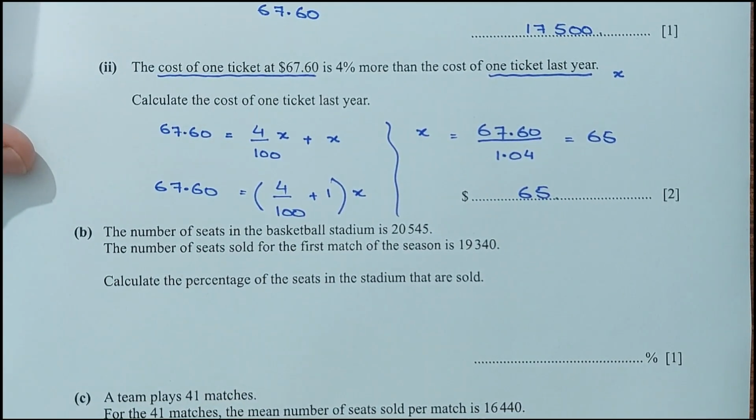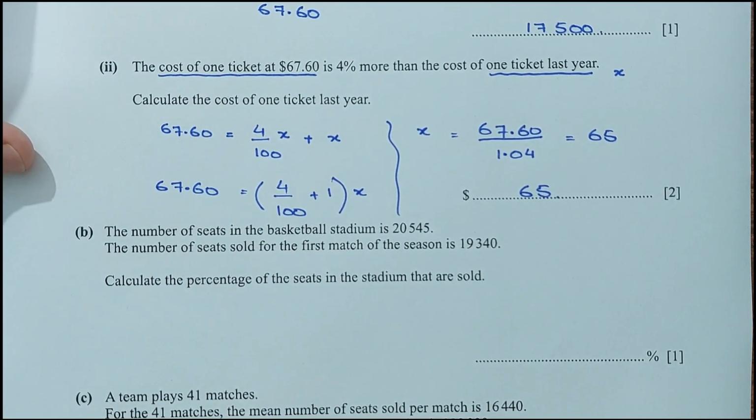Now moving to part B. The number of seats in the basketball stadium is 20,545. The number of seats sold for the first match of the season is 19,340. Calculate the percentage of the seats in the stadium that are sold.